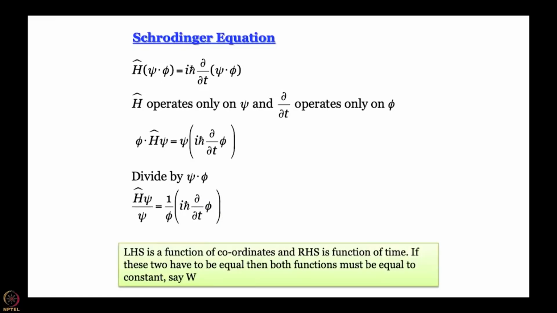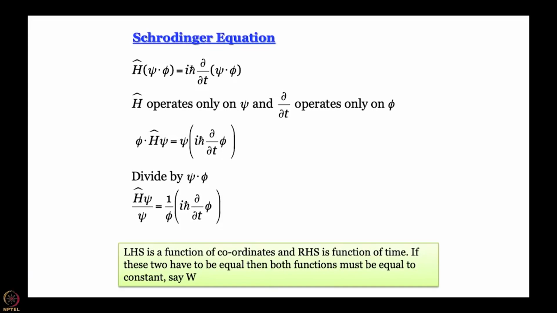Now, see, the left hand side is a function of coordinates of space. Sorry, I missed saying space here. LHS is a function of spatial coordinates, I should have said, and RHS, the right hand side, is a function of time. So, they can be consistent only if they are equal to a constant.